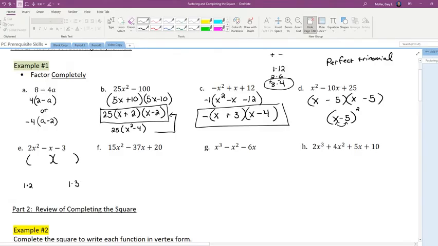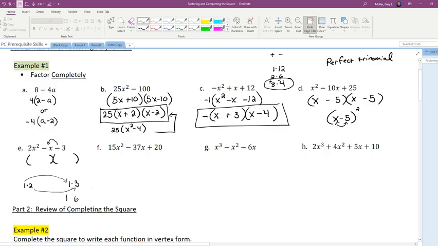So now all I'm doing is looking to multiply the factors of 1 and 2 together and the factors of 1 and 3 together so that the results will subtract or add to be a negative 1, depending on how you want to look at this. So what I do is I map through these. 1 times 1 is 1. 2 times 3 is 6.